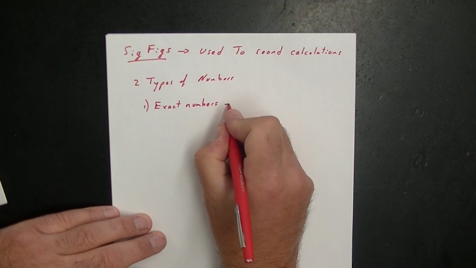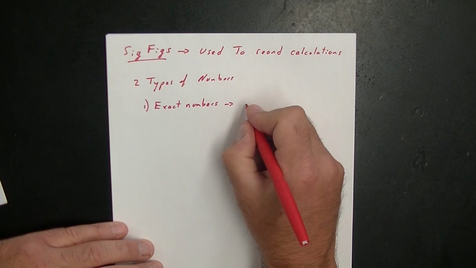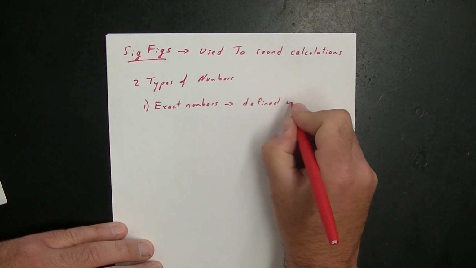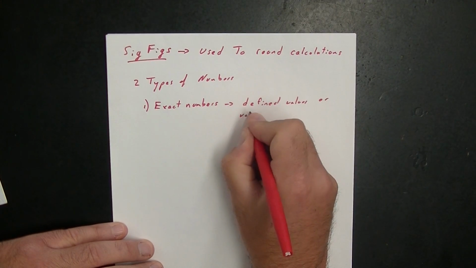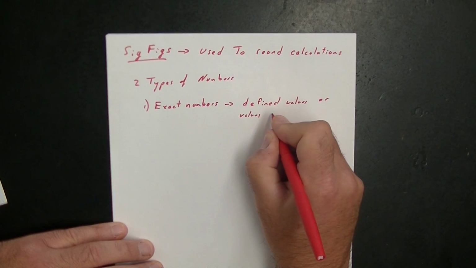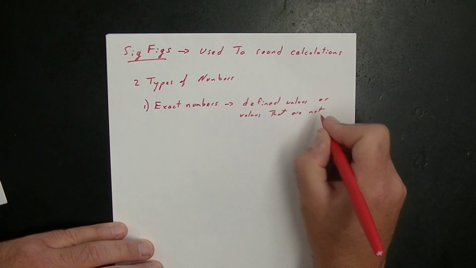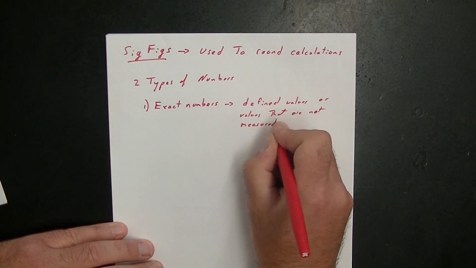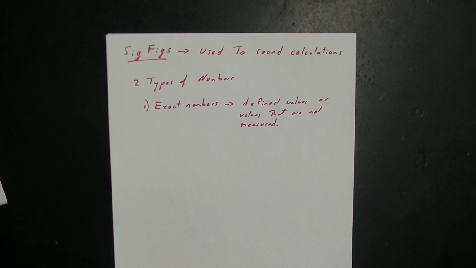And an exact number is, these are defined values, or values that are not measured. So our defined values or values that are not measured.